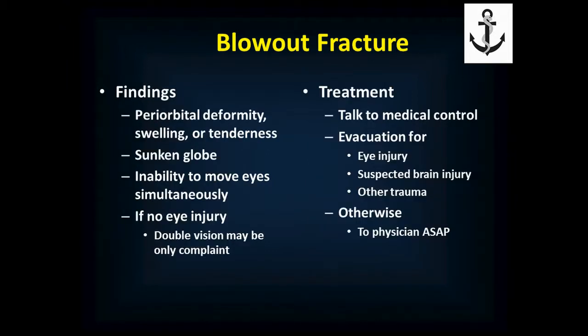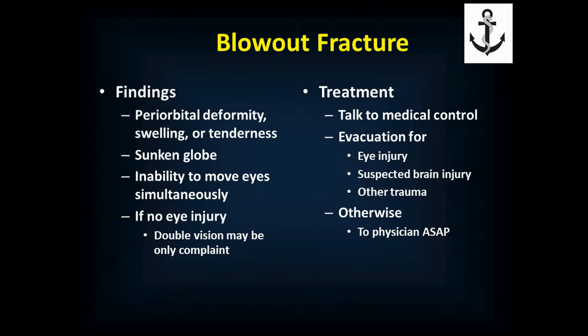So you're going to find evidence of the trauma. Because the orbit is now less strong than it was, the globe may sink back into it. There's more volume in the orbit because it's extended into a sinus or somewhere else with this fracture. So the globe might sink in. The patient, because that muscle is trapped there, won't be able to necessarily move both eyes simultaneously.